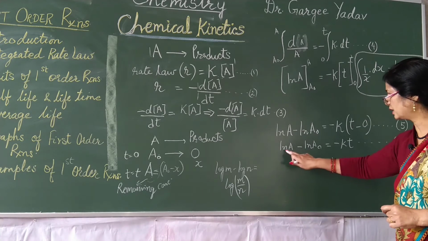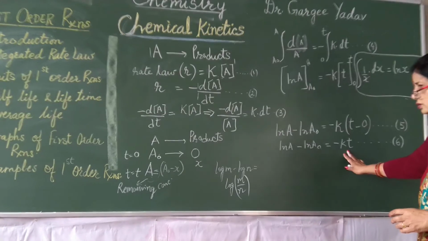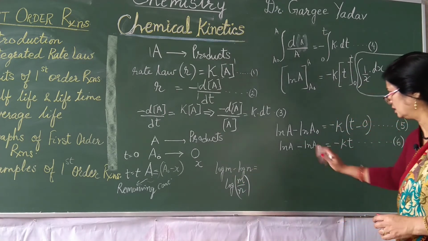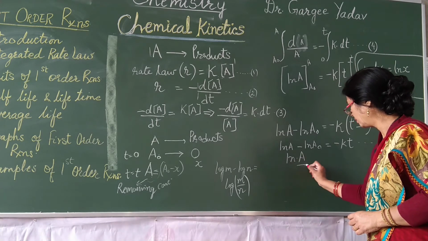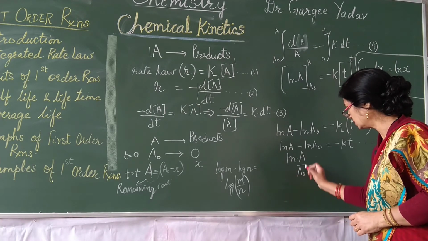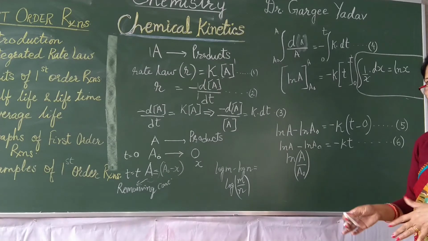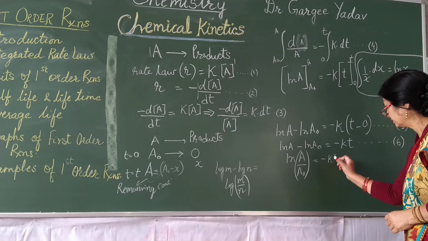Okay. So log natural A minus log natural A naught is equal to minus kt. When we apply this property of log over here, what we have is log natural A upon A naught, where A naught is our initial concentration and A is the concentration that remains after time t, is equal to minus kt.